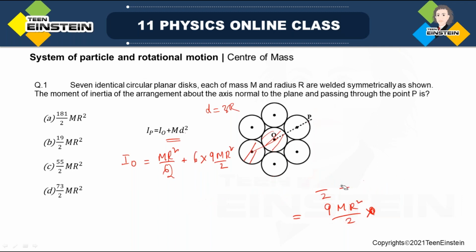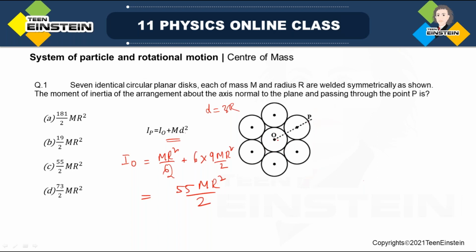Okay, so how much have we got? 9 into 6 is 54, and plus 1, so 55MR square by 2. So this is the moment of inertia of the whole system about this center.